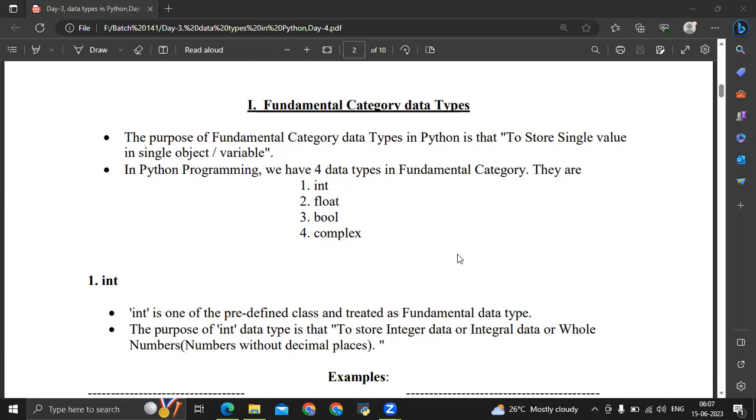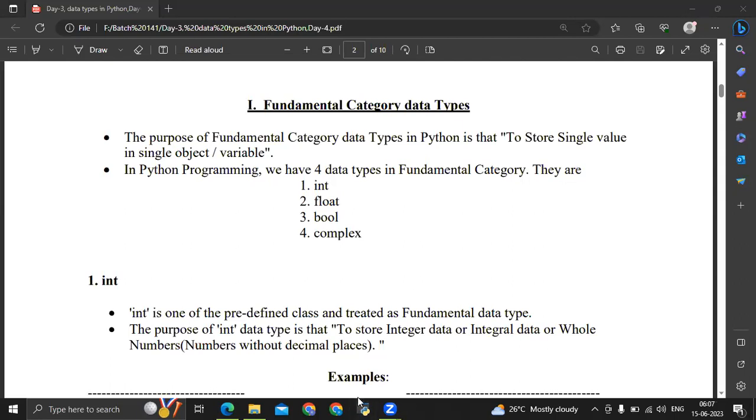Now, what is int? Int means integer. It is one of the predefined classes and is treated as a fundamental data type. What does it do? It stores integer data, or integral data, or whole numbers. So what are whole numbers? Numbers without decimal places.